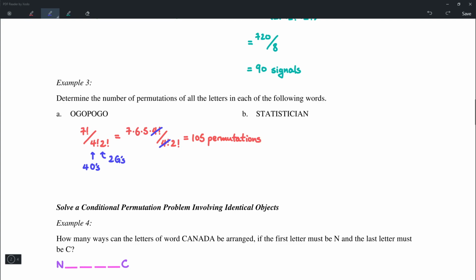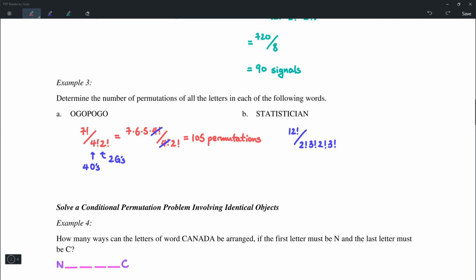Okay, in the second example here, we have 12 letters in the word statistician. And let's look at the repeats. There are 2 S's, there are 3 T's, there are 2 A's, and there are also 3 I's.